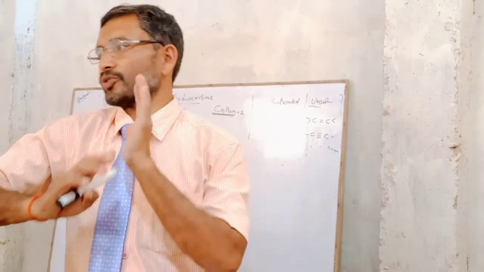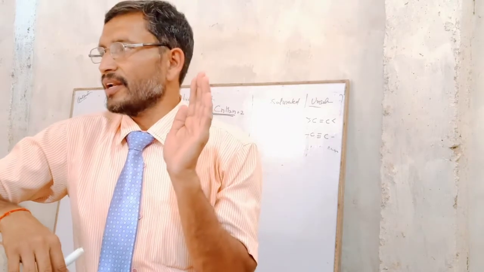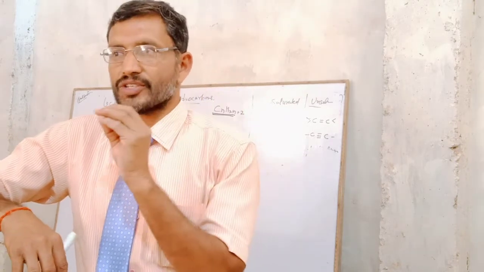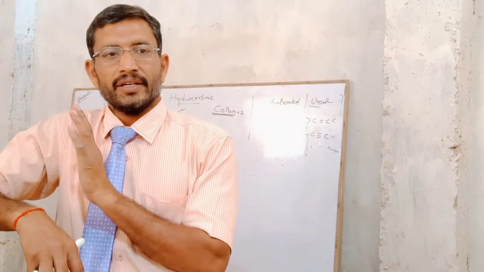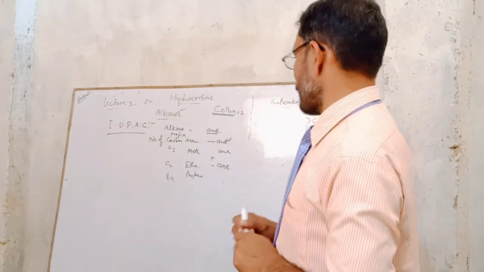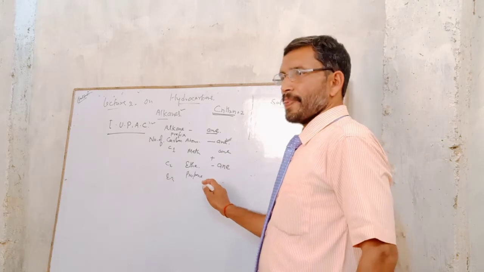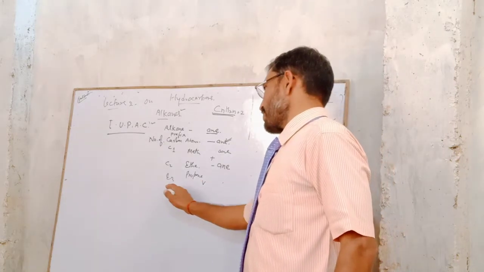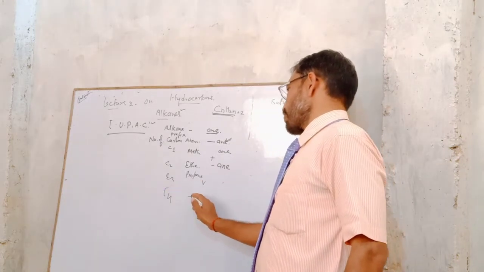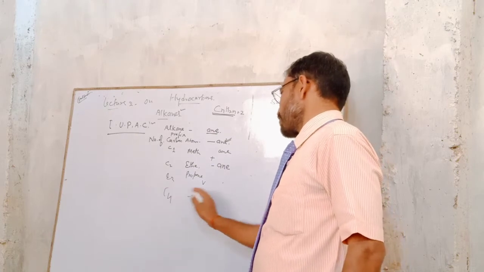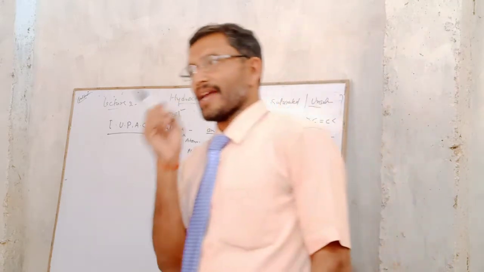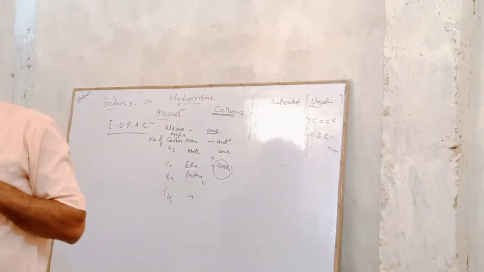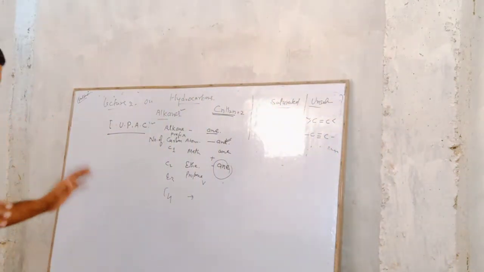If you have a 2 carbon alkane, it is called ethane. If you have 3 carbon atoms, what should be the name? Propane. If you have 4 carbon atoms, but plus -ane, that is butane, and so on.